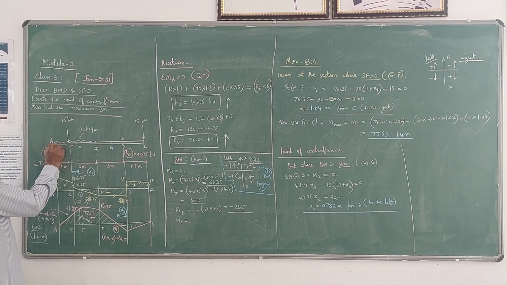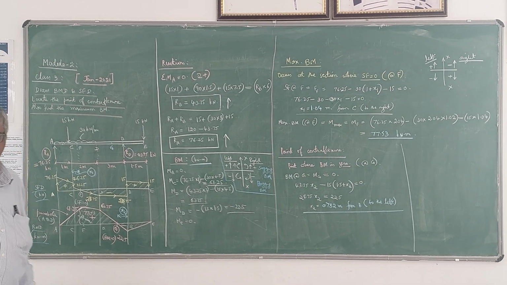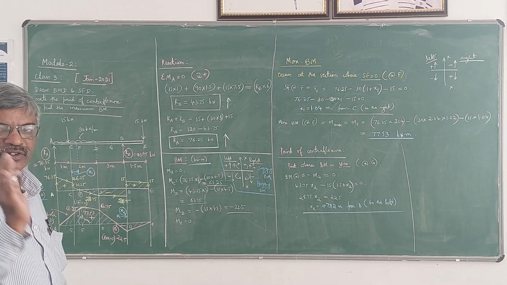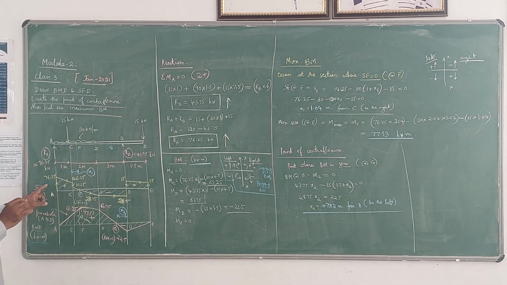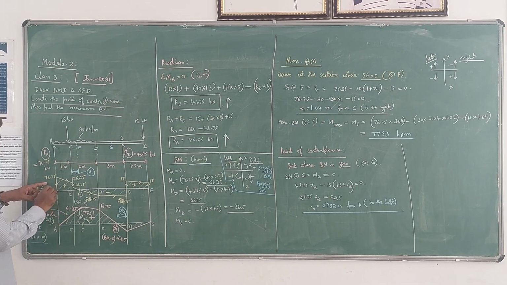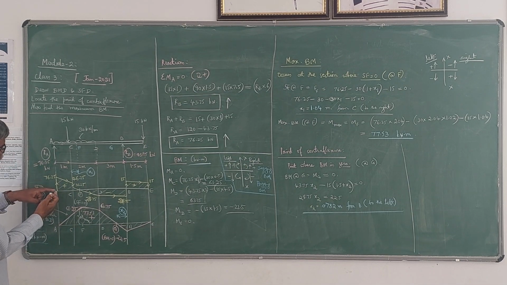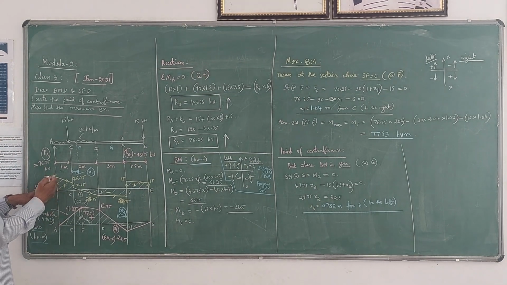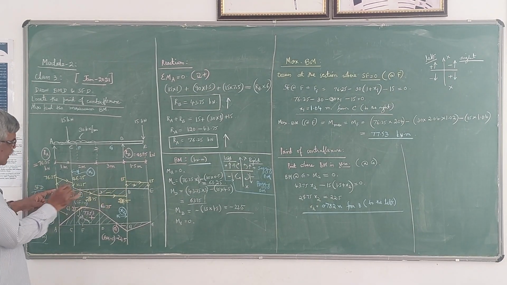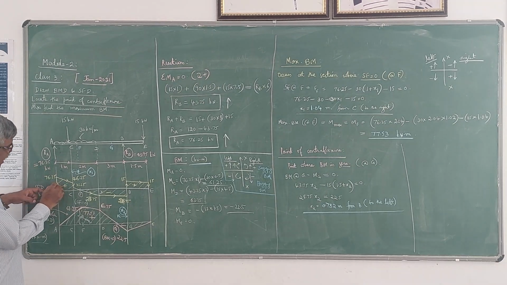Now at A, see only the vertical forces acting on the beam at the salient points. At A, you have a vertical reaction of 76.25, which we have calculated as RA. So move upwards by 76.25. This need not be drawn to scale, you just have to write the values. I have shown the arrow here.